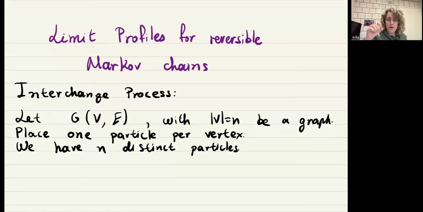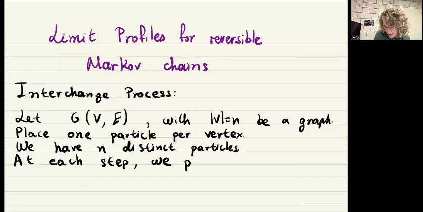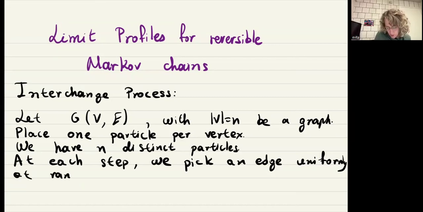We place a particle per vertex, and at each step, we pick an edge uniformly at random, and we swap the particles that are at the ends of this edge.